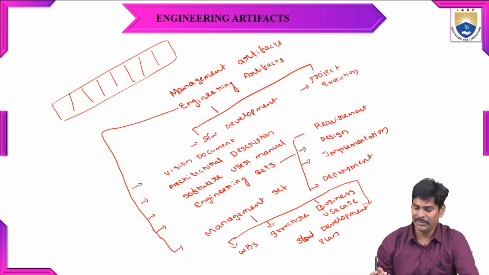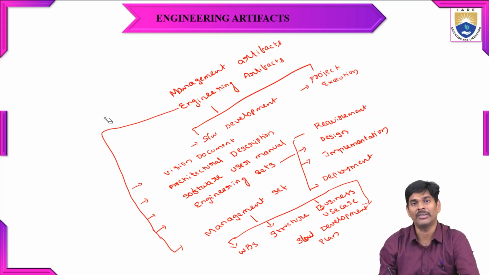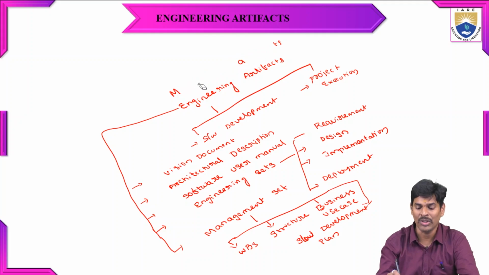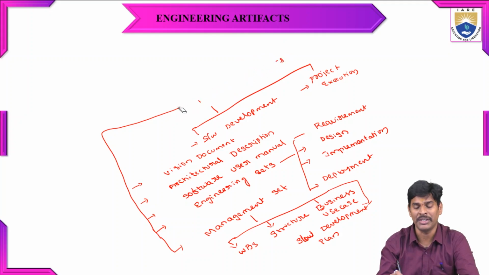And the business use case is mainly used to decide whether we need to take up this project. If you are going to consider this project, what is the profit and what is the loss for the organization. Organizations have different types of business use cases.